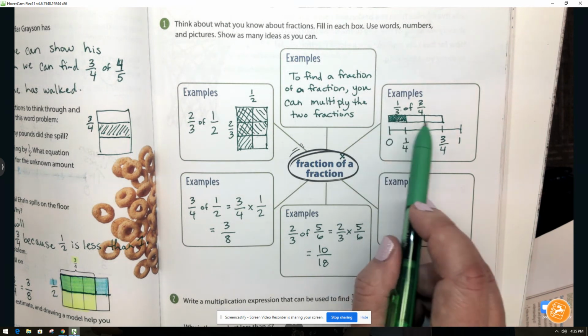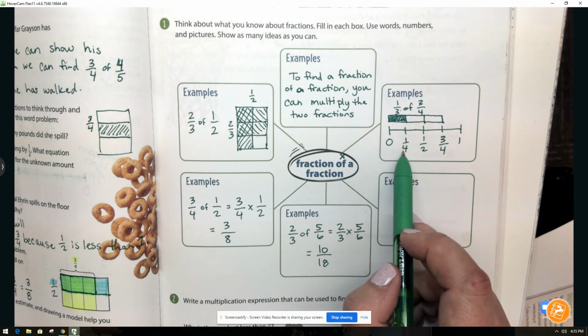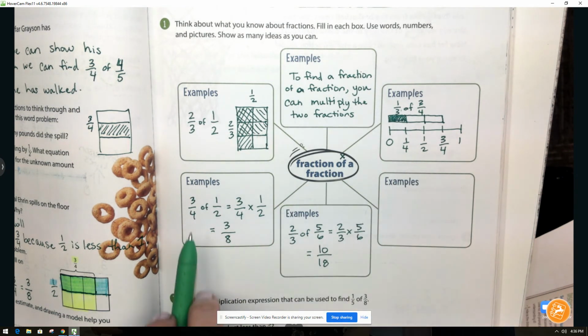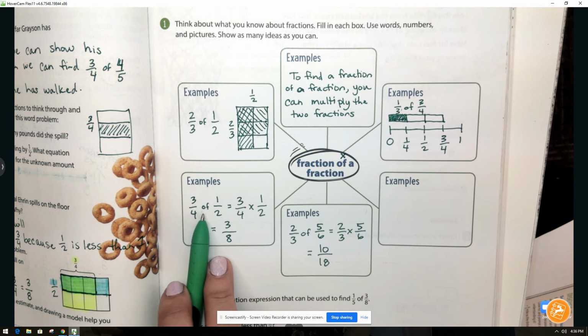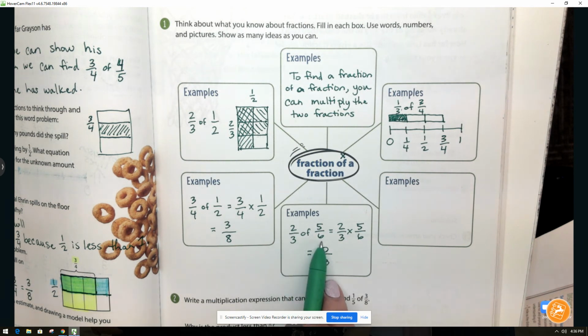So how much is 1/3 of 3/4? It is 1/4. A couple more examples. 3/4 of 1/2 equals 3/4 times 1/2, which equals 3/8. 2/3 of 5/6 equals 2/3 times 5/6, which equals 10/18.